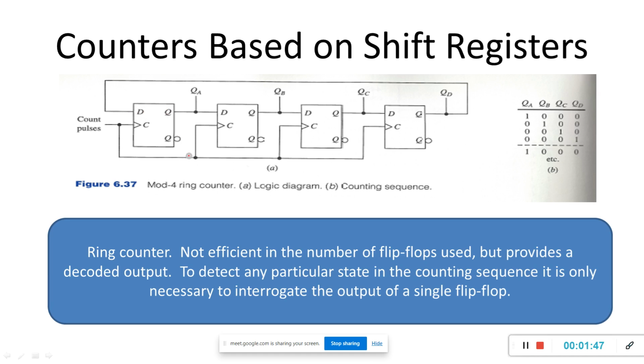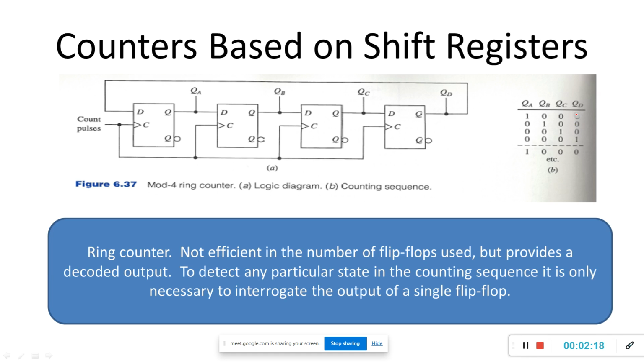So upon the occurrence of the count pulses on the clock, QD shifts back to QA, right? Upon the occurrence of the clock, this 0 of QD will come and sit in QA. Next, QA will be shifted to QB, QB is 0, and this QB is shifted to QC. QC is 0, and this QC is shifted to QD.